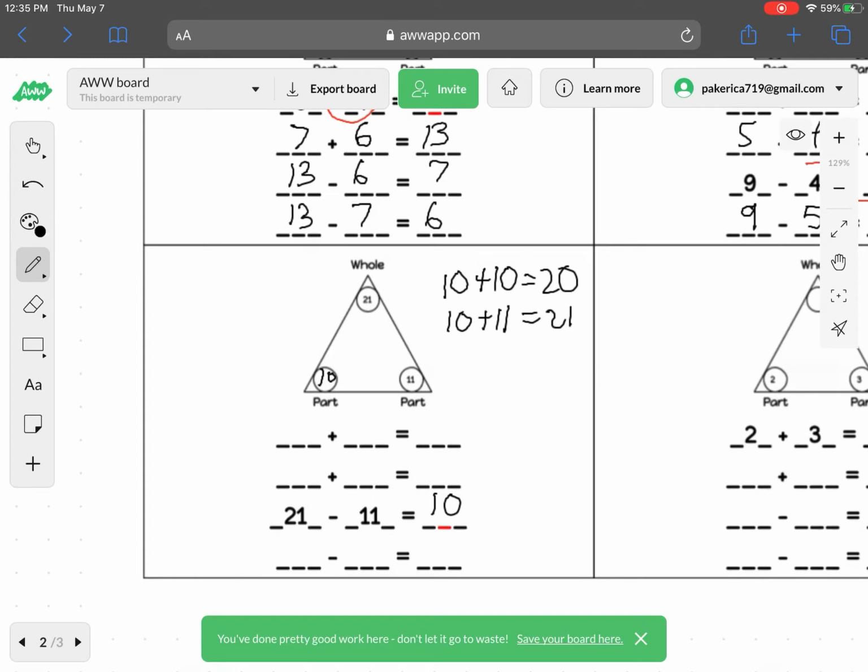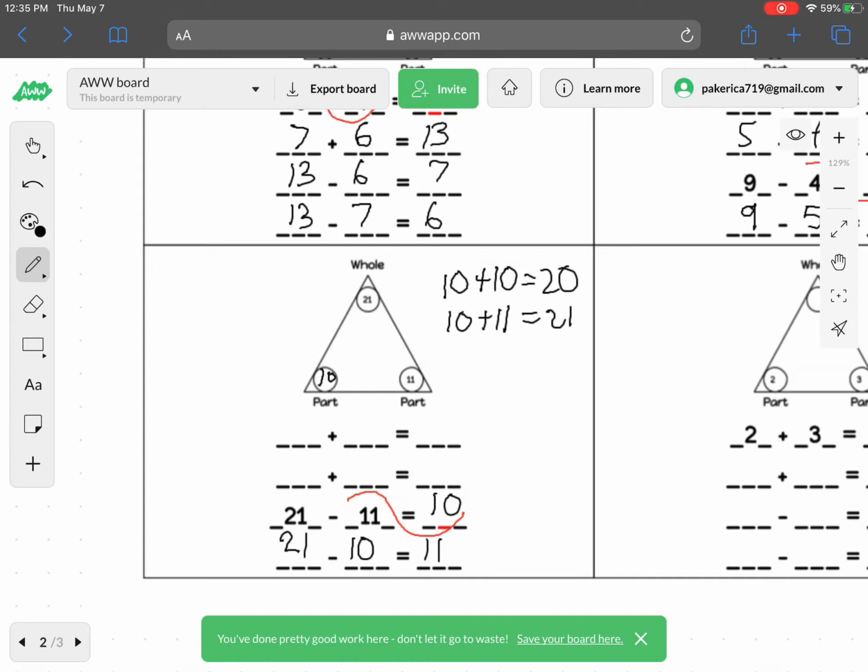Now I'm going to use my fact family numbers and what we know about fact family equations to help me solve for my missing equations. Again, when I'm subtracting, I start with my whole, which we know is 21. And the only numbers that switch places are my parts. So my new equation is going to be 21 minus 10 equals 11.